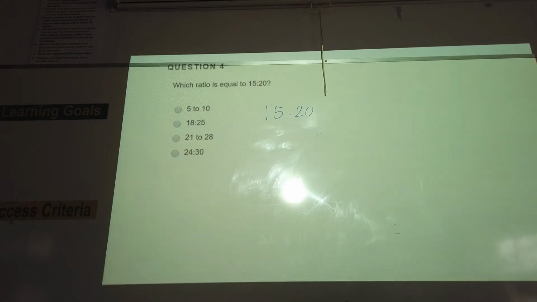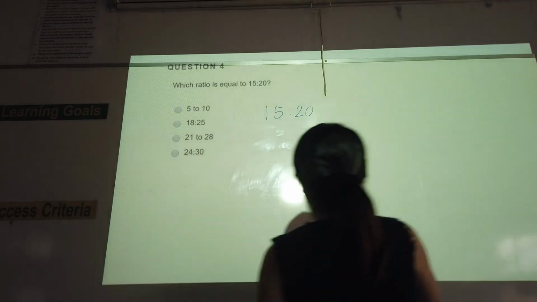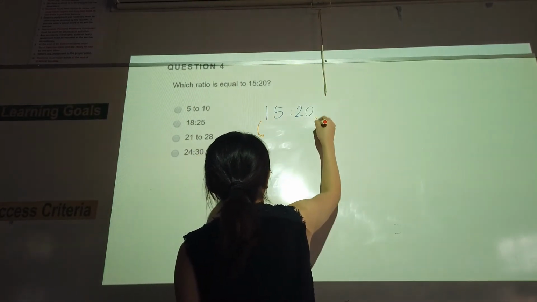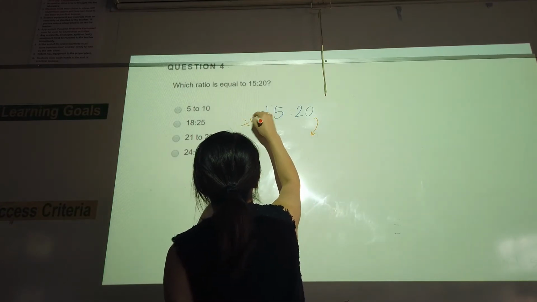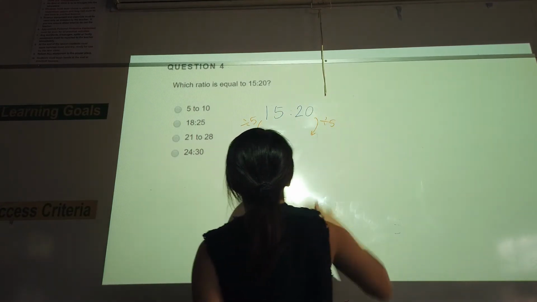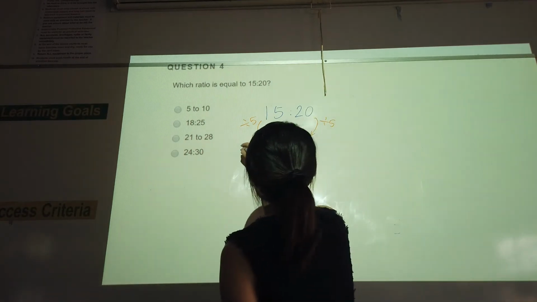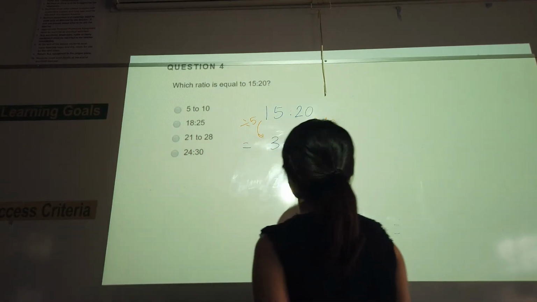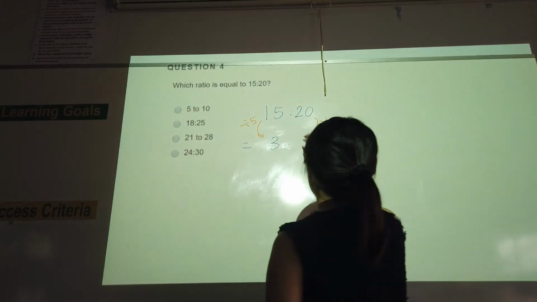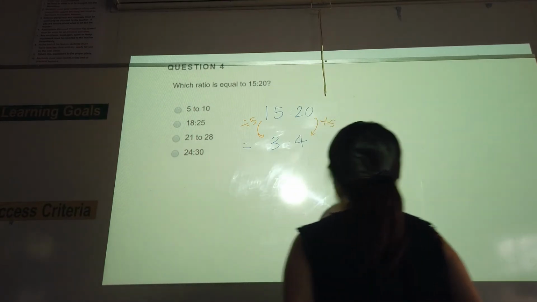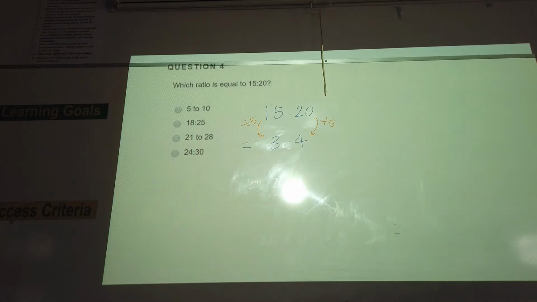Yes, it's 5. So I'm going to divide both quantities by 5. 15 divided by 5 is 3. And 20 divided by 5 is 4. And that is the most simplified version for this ratio.